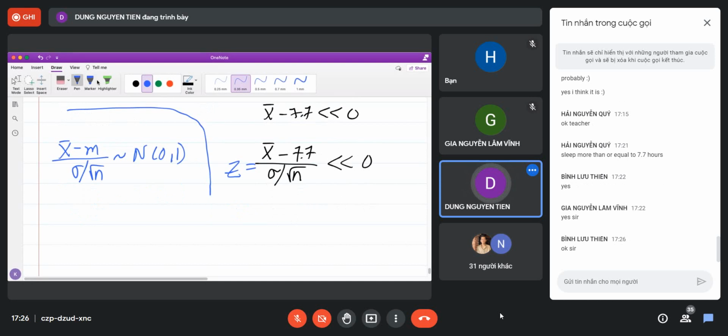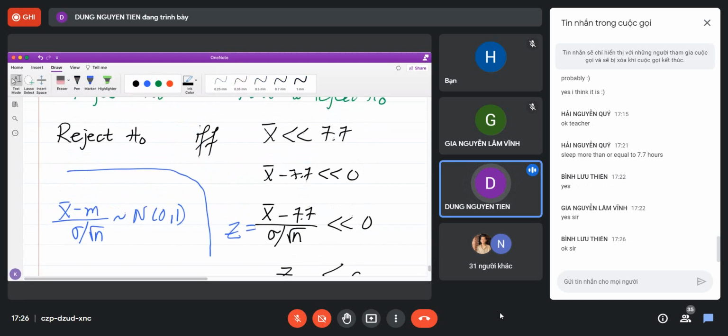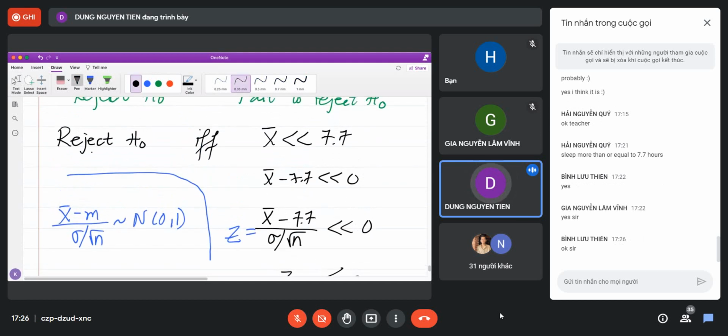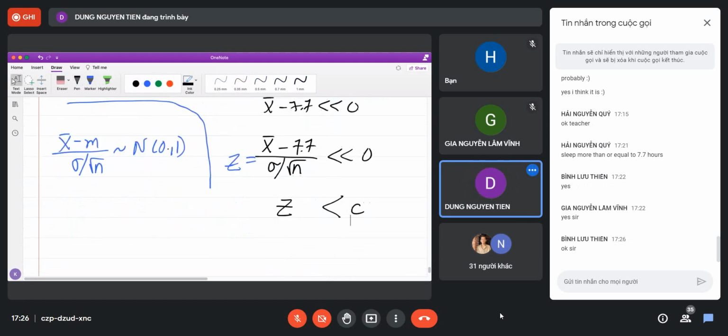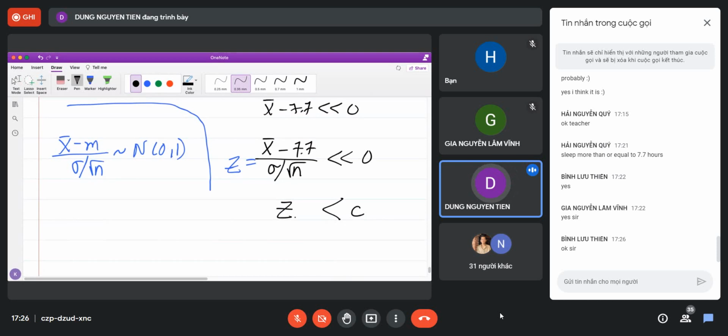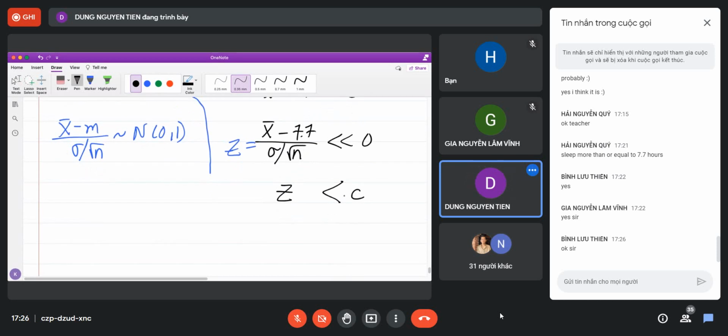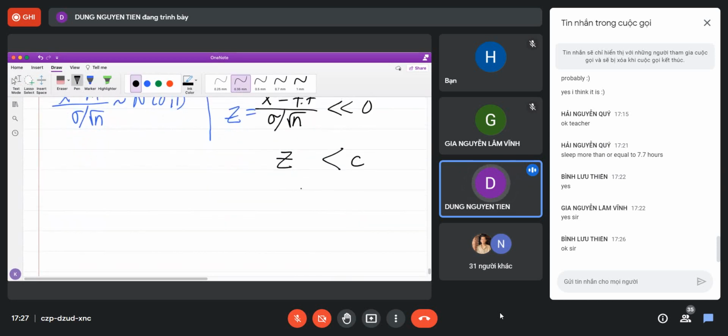We say that Z is too small if you can find a constant C so that Z is less than C. All right. So you can reject the hypothesis if Z is less than some C. How can we determine the value of C?